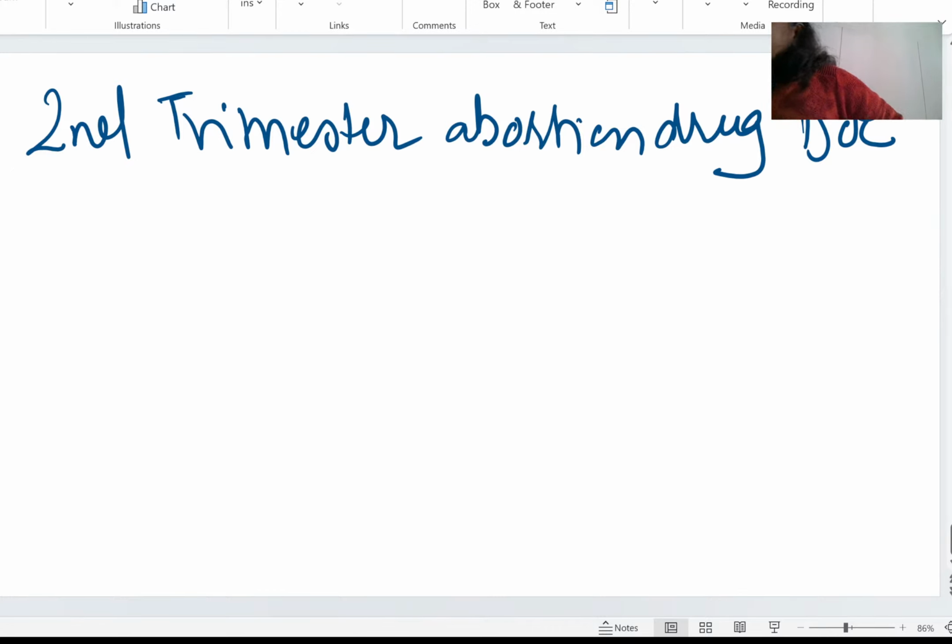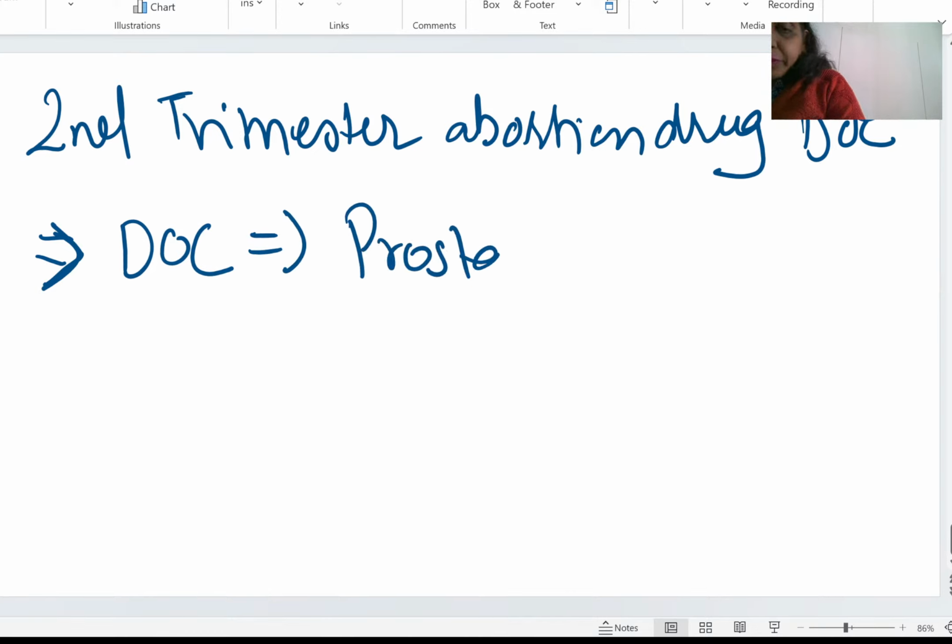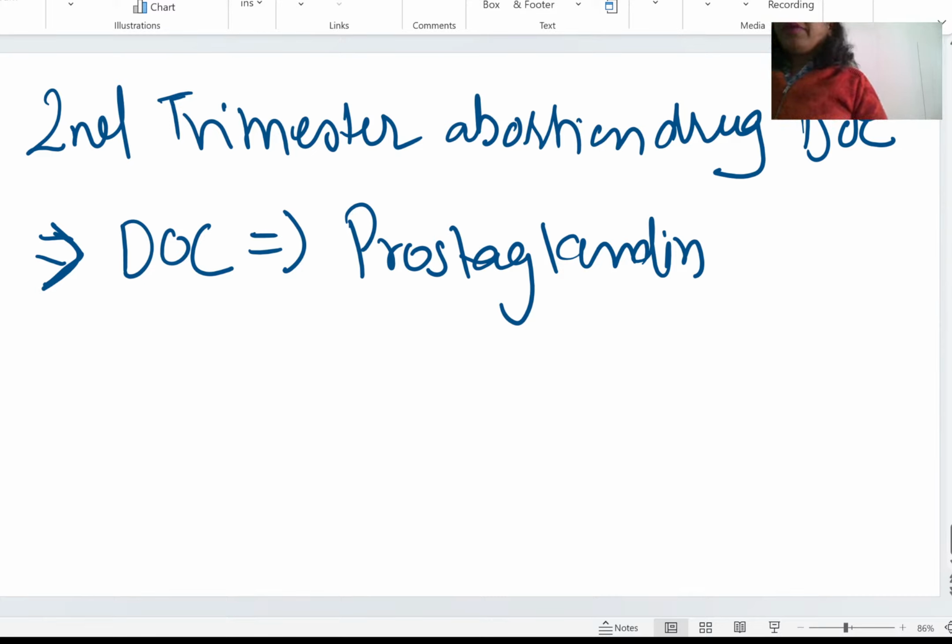The drug of choice is prostaglandin, it can be any prostaglandin, once the patient is more than 12 weeks.